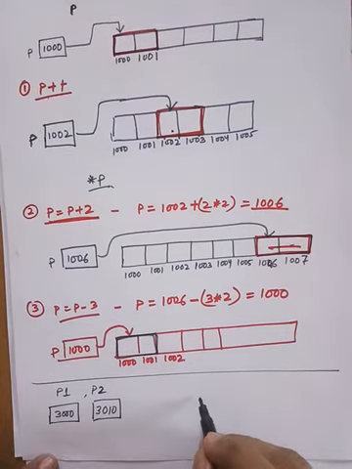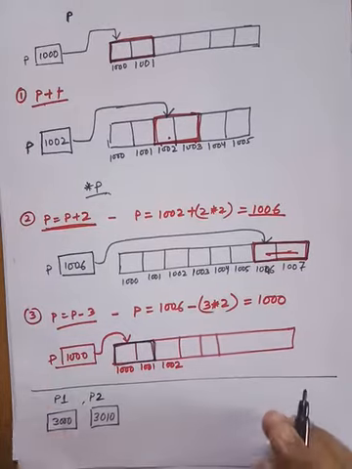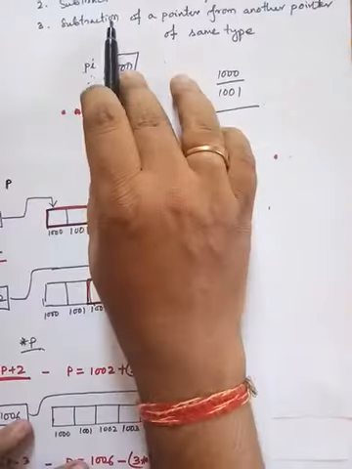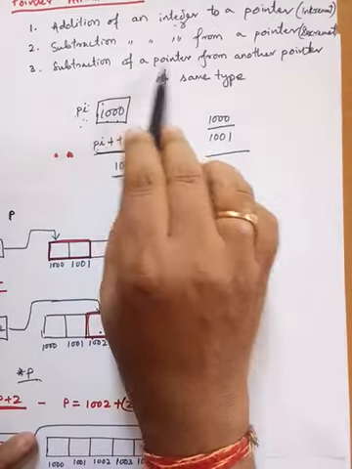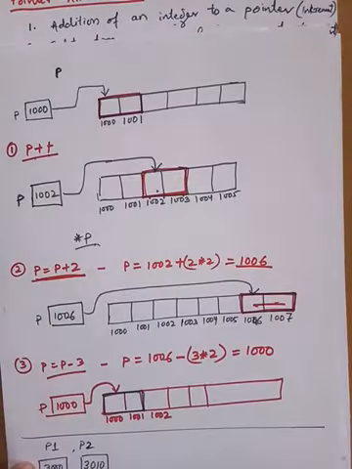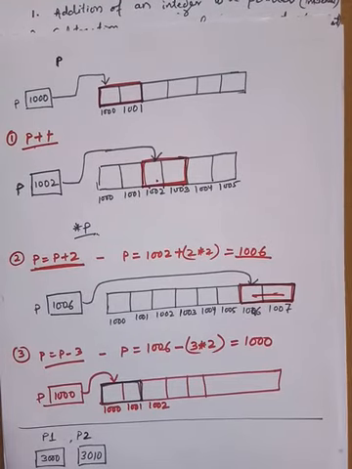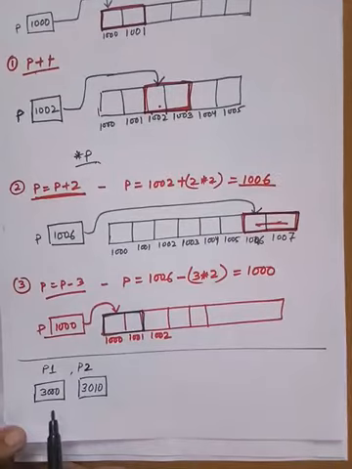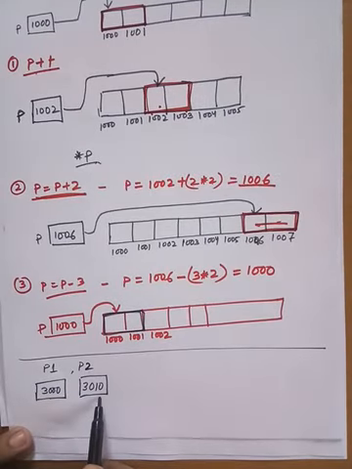Then if we do the third operation written here, subtraction of a pointer from another pointer of the same type, here these are the two integer pointers, p1 and p2, holding the addresses 3000 and 3010 respectively.